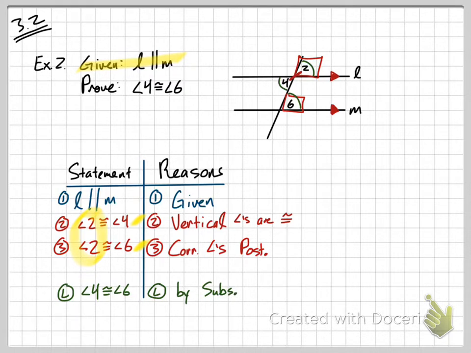So our last step, in the beginning we didn't know what number step it would be. Sometimes we have 3 or 4 or 5, even 6 at times. We now know that this will be step 4 and our final step.